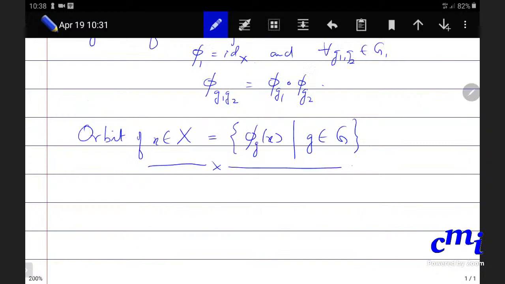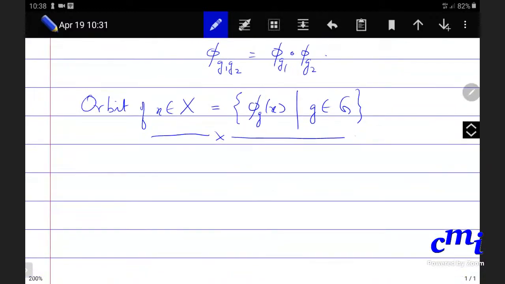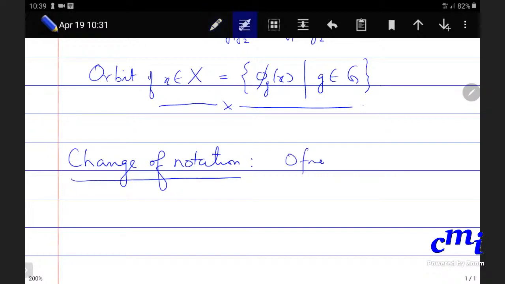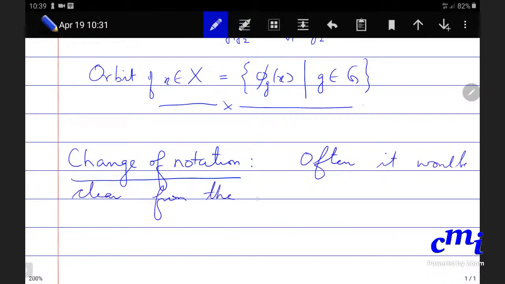Now I want to change the notation. Often it would be clear from the context what phi_g is for each g.